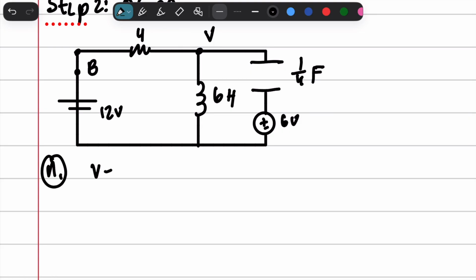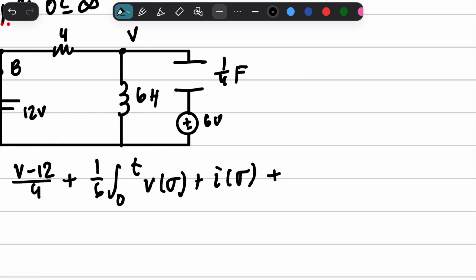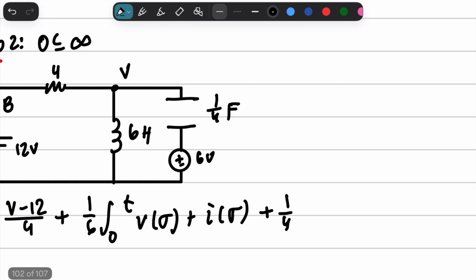We're going to say V minus 12 over 4 plus, we've got an integral again, 1 over 6, 0 to t, V of sigma plus I of sigma, plus now we've got 1/4 right here.